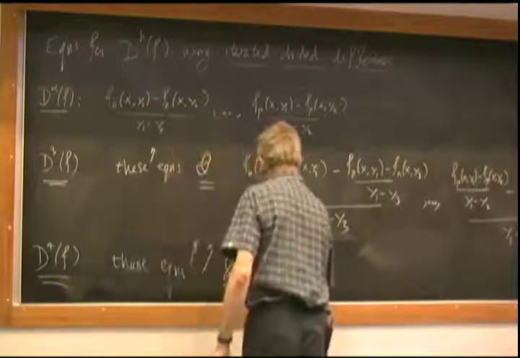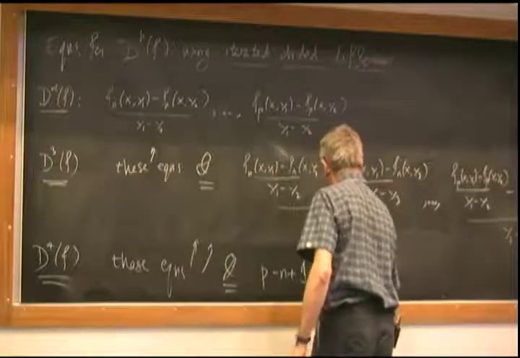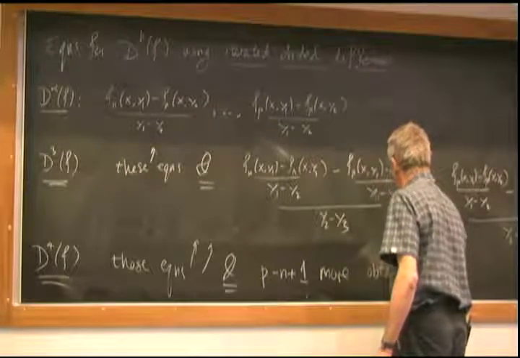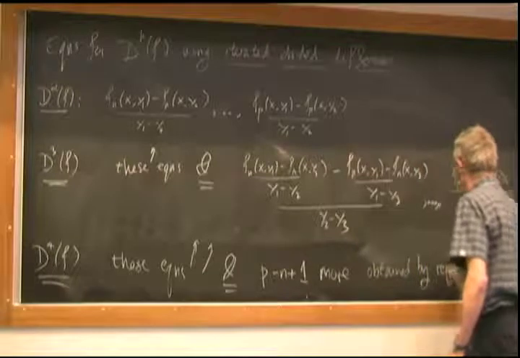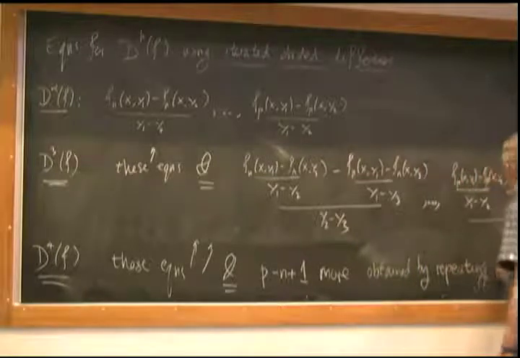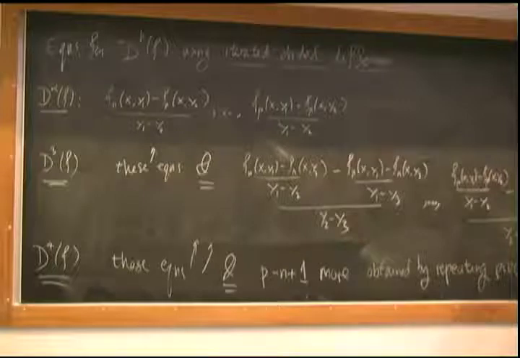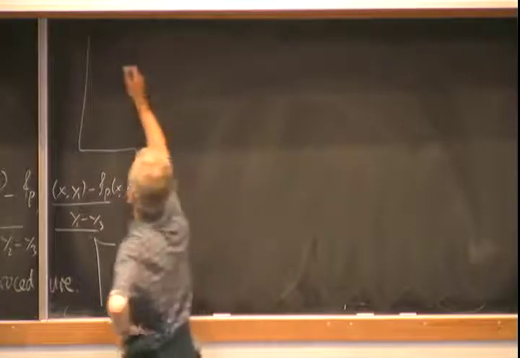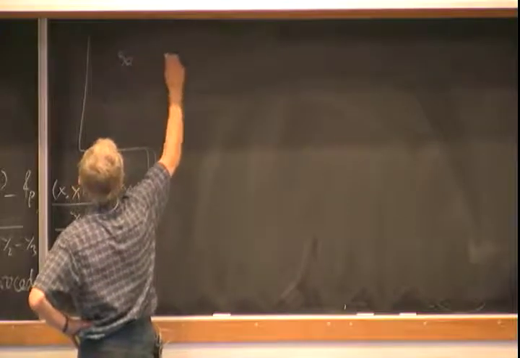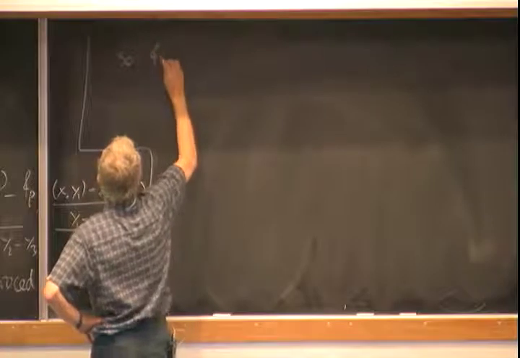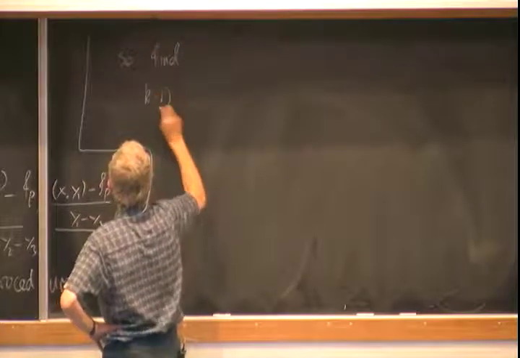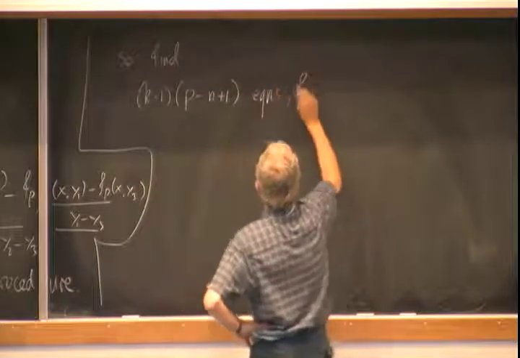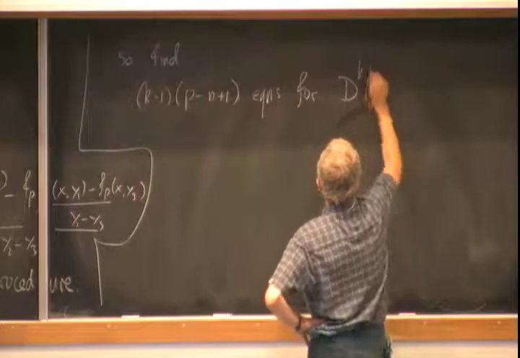So, obtained by repeating the procedure. Okay, so in fact, we find k minus 1 times p minus n plus 1 equations for dk of f.